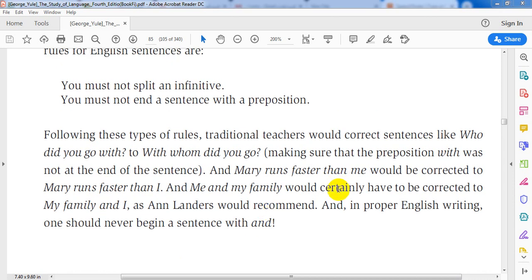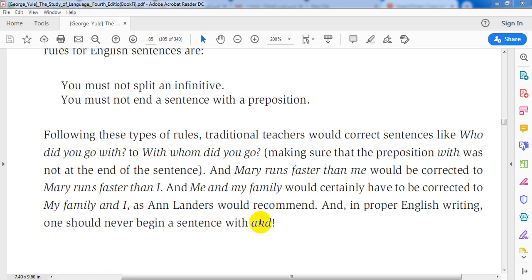Another example here is one of those strict rules: in proper English writing, one should never begin a sentence with "and."